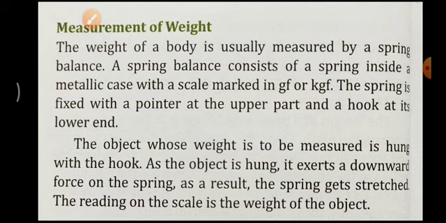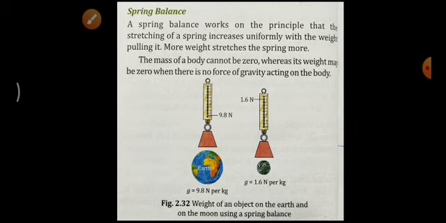A spring balance works on the principle that the stretching of a spring increases uniformly with the weight pulling it. Because of the weight of the body, it always tries to pull the spring in a downward direction. Accordingly, the pointer will indicate how much it is pulled.